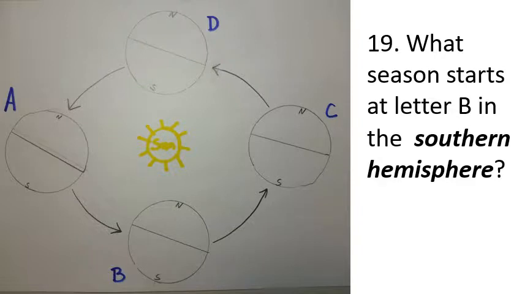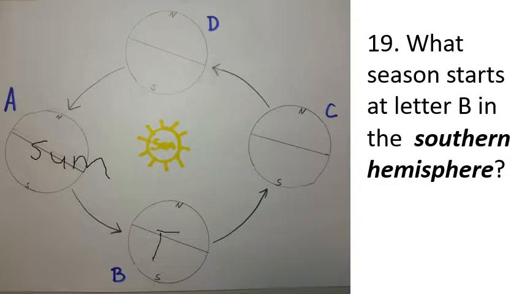What season starts at letter B in the southern hemisphere? Now, there's a couple different ways we can think about this. The best way to think about it is, hey, where do I already know about where I'm at? The northern hemisphere. And I know that the south is the opposite of what I am in the north. So we said this starts summer.